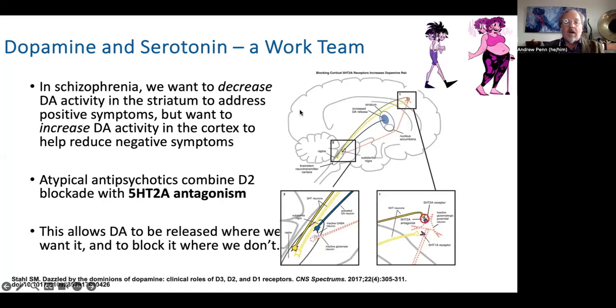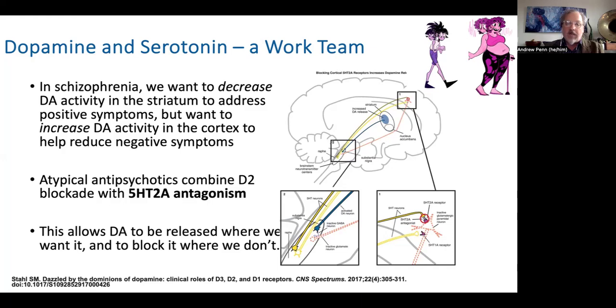An example of a work team here, you remember we talked about that organizational chart, would be dopamine and serotonin as they relate to each other with the use of second generation dopamine blocking drugs or antipsychotics. Here, what we want to do is decrease dopaminergic activity in the mesolimbic area, but we want to increase it or at least preserve it in the mesocortical area.